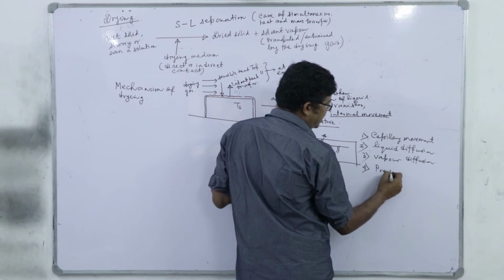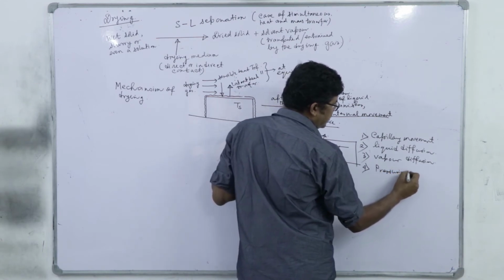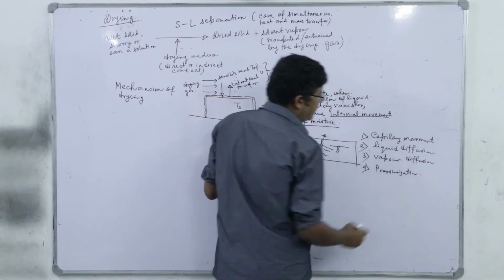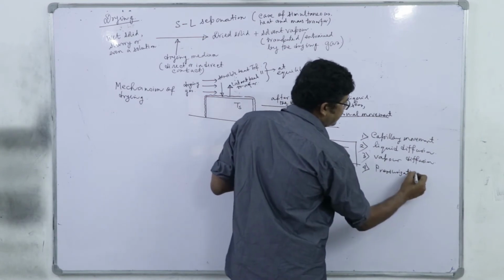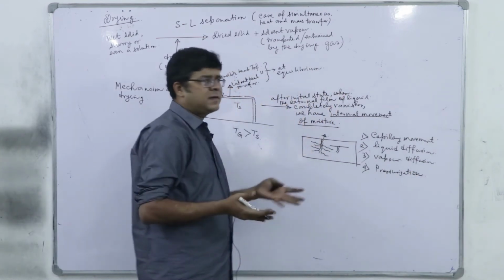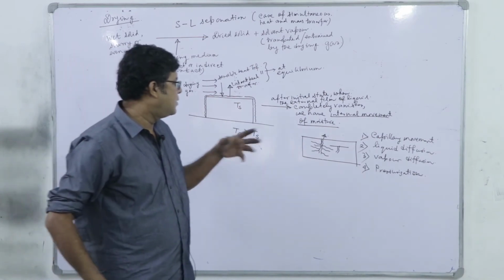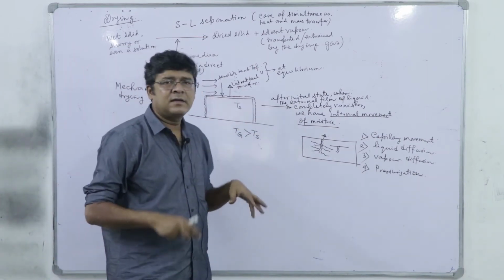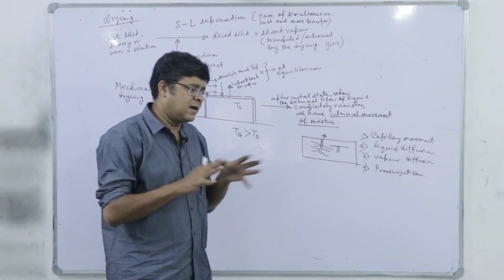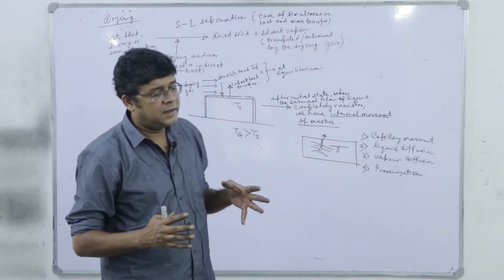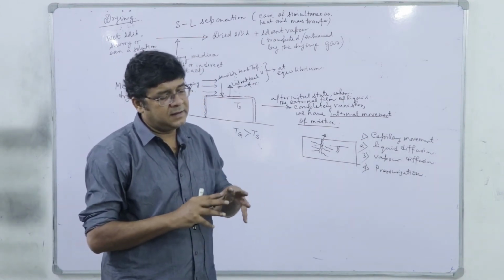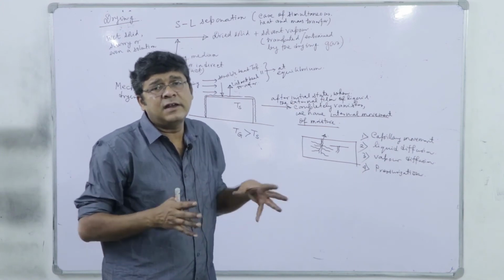And lastly, it is pressurization. What is that? See, when we expose a solid to a drying gas and the external liquid film vanishes, there are possibilities that the solid will shrink.